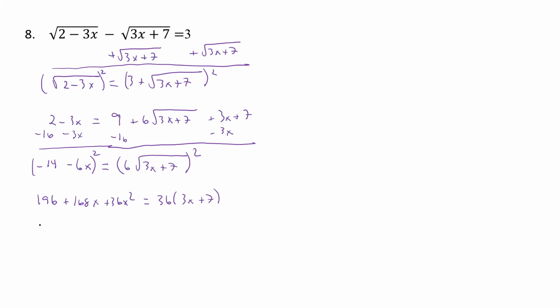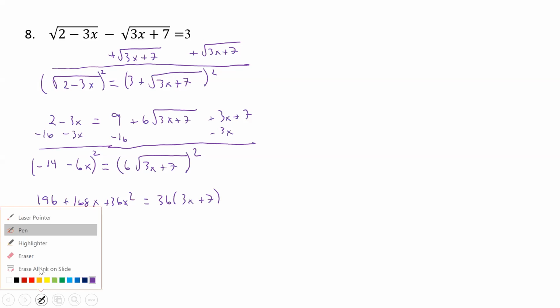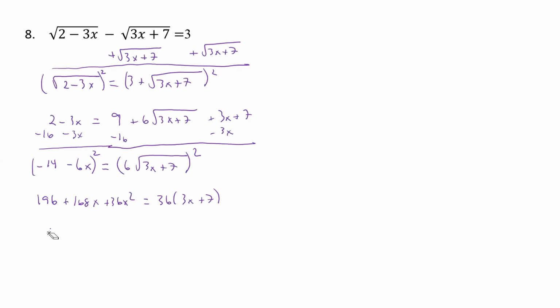And so if we write this in decreasing order, that's 36x squared plus 168x plus 196 equals, okay, now 36 times 3, so that's 108x plus, and then 7 times 36, that's 252.